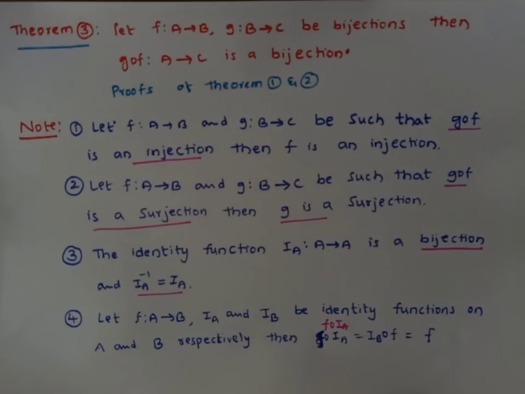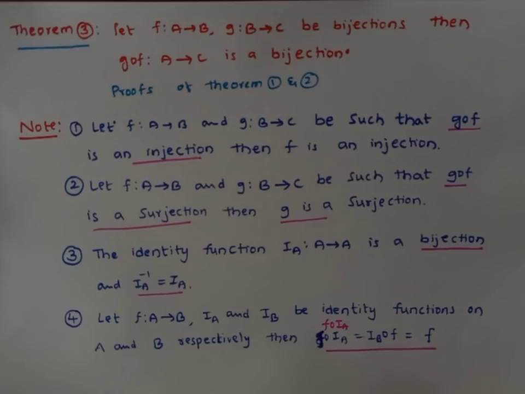So if we apply the composition of any function with an identity, then it is always itself. Like f compose I is f, g compose I is g. So f compose I is equal to I compose f, which is always f.